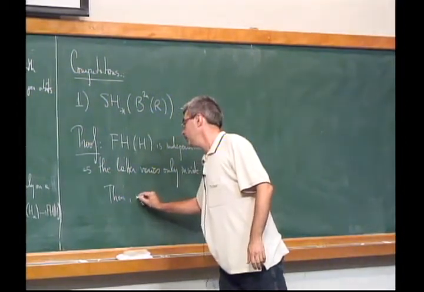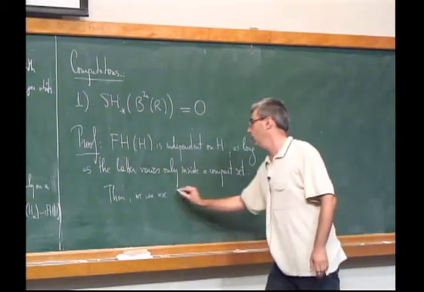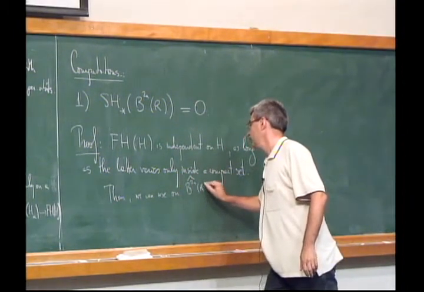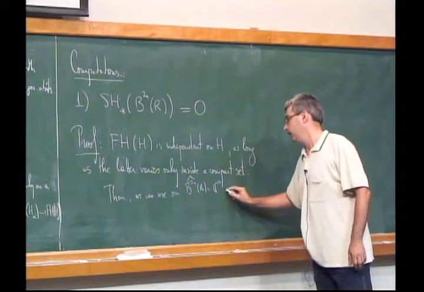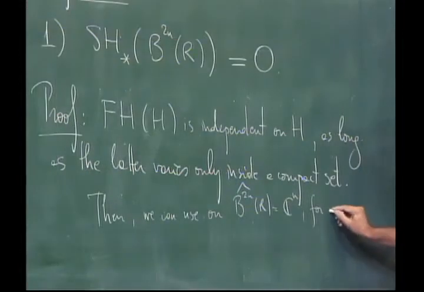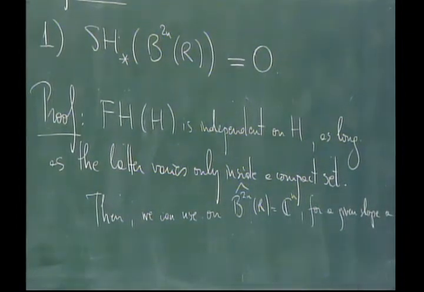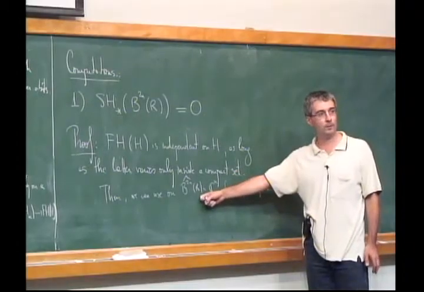So therefore, if you accept it, then we can use on B^2n hat, which is R^2n, and which is also C^n, for a given slope A, and this A has to be different from the period of a closed characteristic on the boundary of the ball, right?